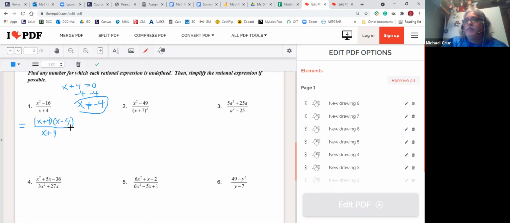Now, look from numerator to denominator. There's an x plus 4 and x plus 4 here. So that means that's essentially 1 and this is 1. So what I'm left with is just x minus 4 over 1, or just a plain old x minus 4.